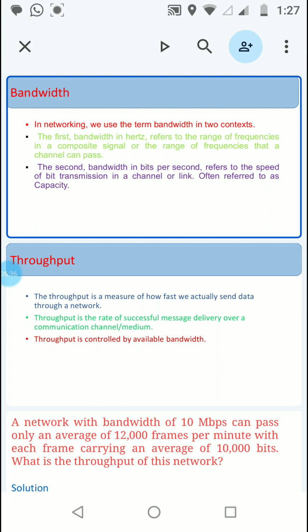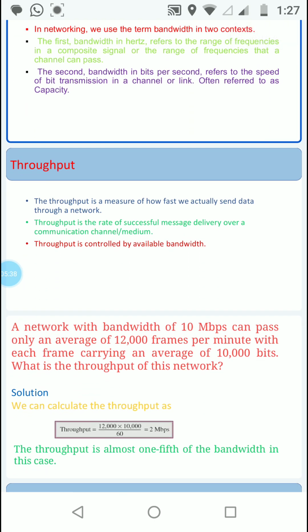The next important factor for performance is throughput.